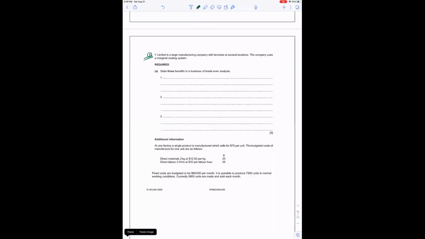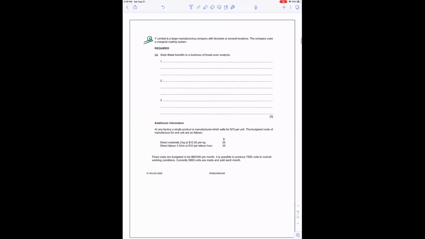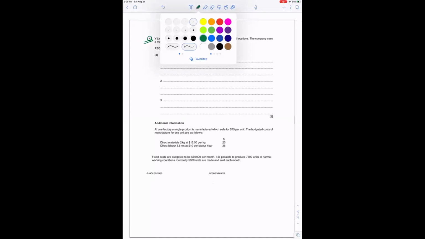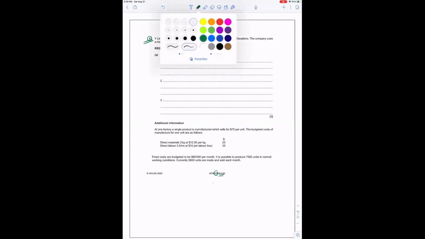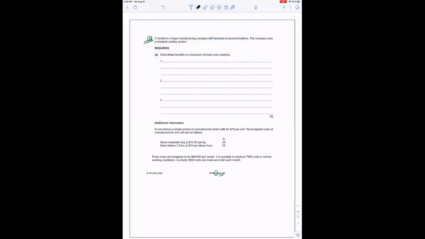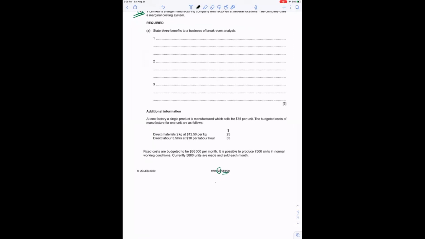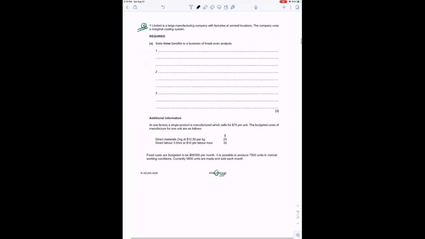Now we will do our next sum, which is paper 23, May-June 2020 paper, wherein it has certain questions asked from the concept of break-even analysis. 9706, May-June summer 20 paper 23.